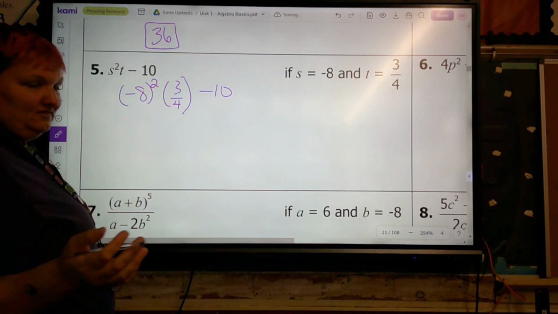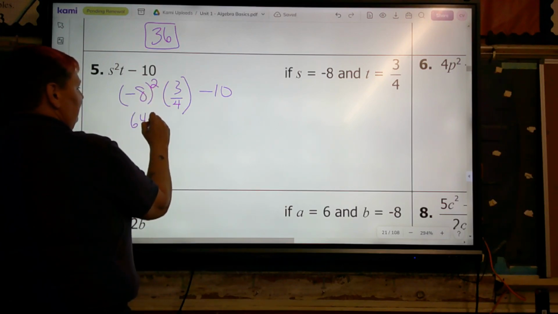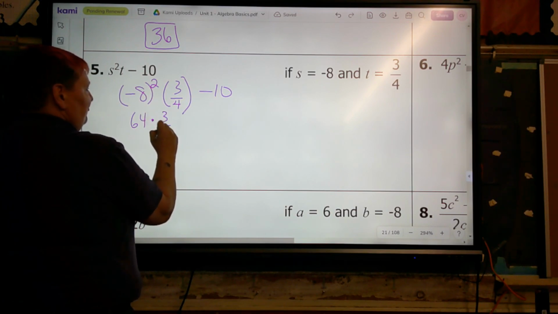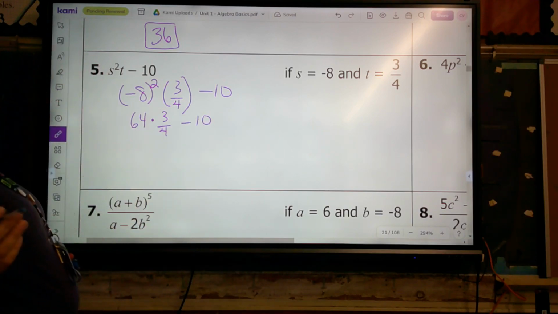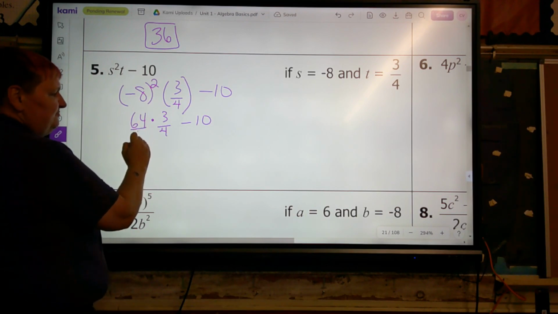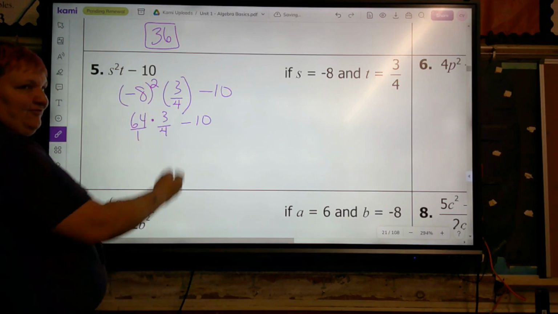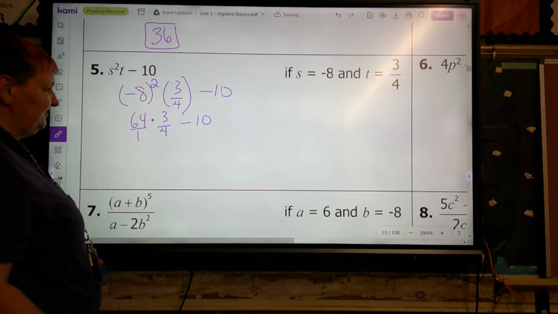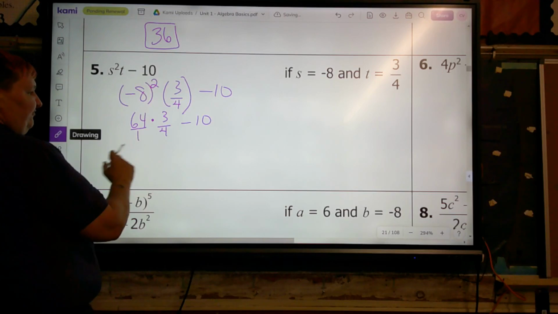Alright, exponent first. 64 times 3 over 4 minus 10. Now remember, when you're multiplying, if one is a whole number, just make it a fraction. If you're multiplying fractions, they have to both be fractions. Simplify first, in my opinion, it makes a huge difference.